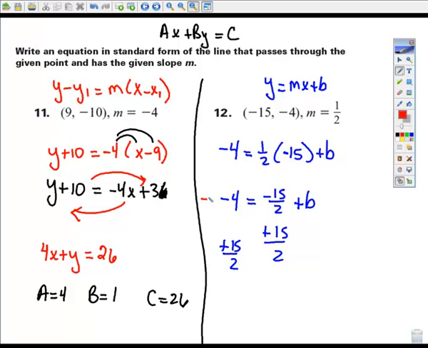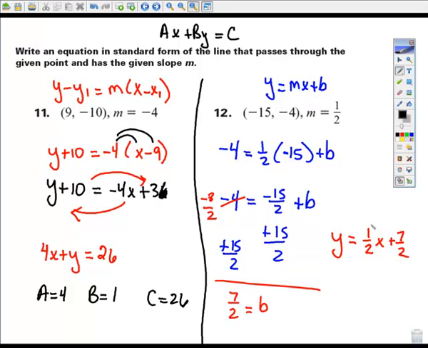And this becomes negative 8 halves when I change negative 4. Negative 8 plus 15 is positive 7 halves. So b is 7 halves. So my equation to start out with in slope-intercept form is y equals 1 half x plus 7 halves.